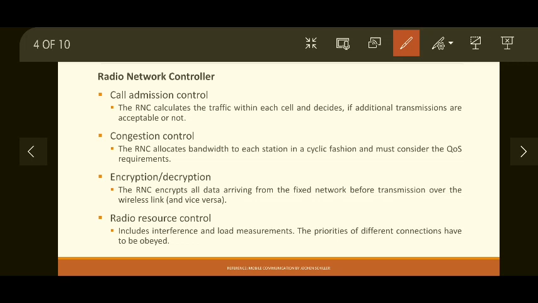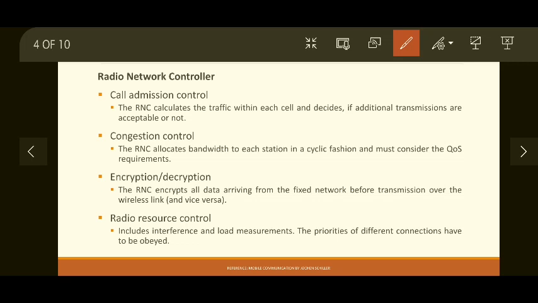Apart from this, the next task of the RNC is doing encryption and decryption. Now all users are using the same frequency, transmitting at the same time, so all the data must be encrypted before it is transferred. The RNC encrypts all the data arriving from the fixed network before transmission over the wireless link.